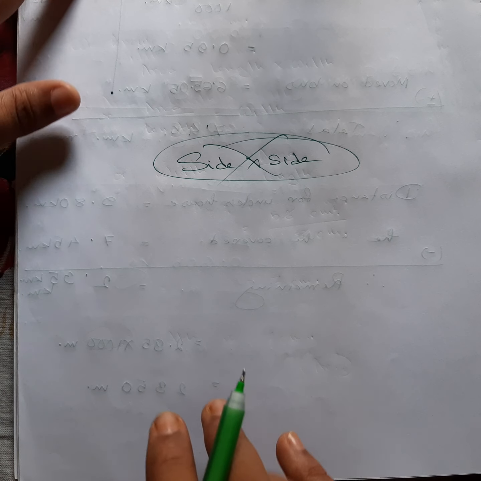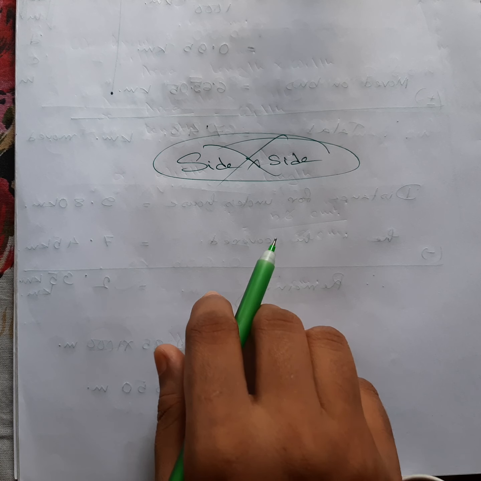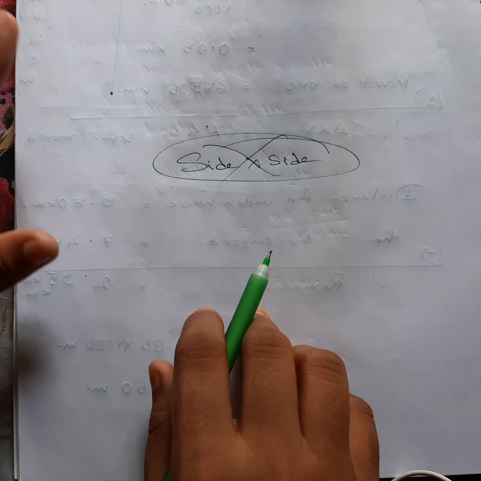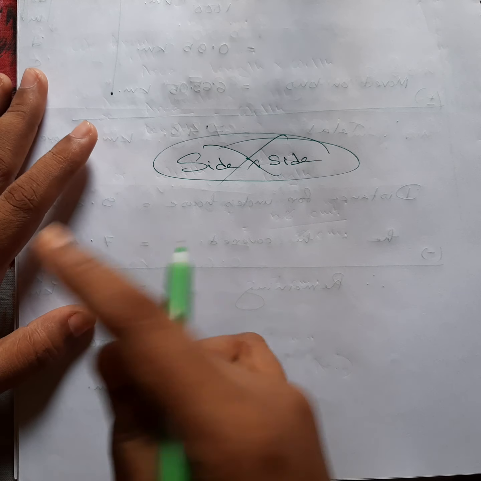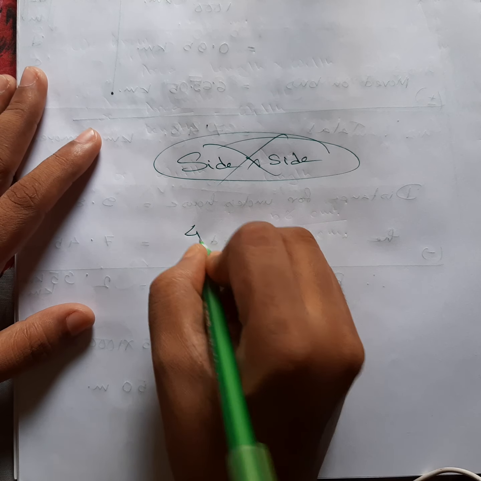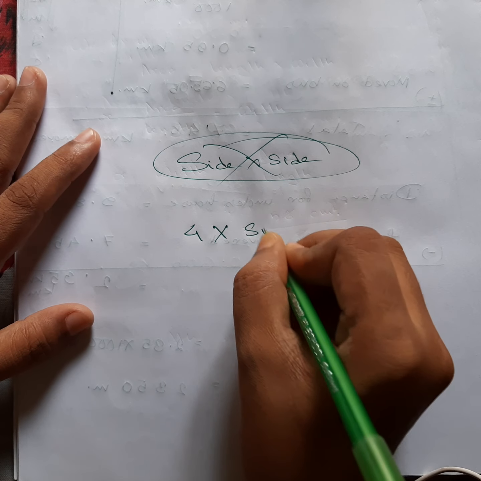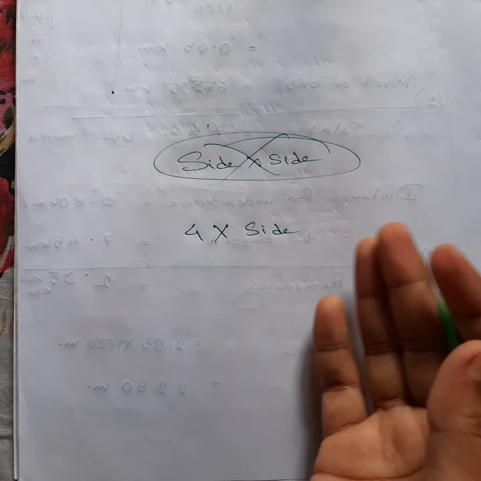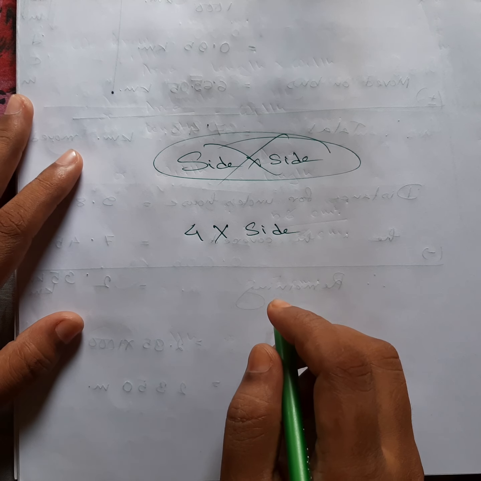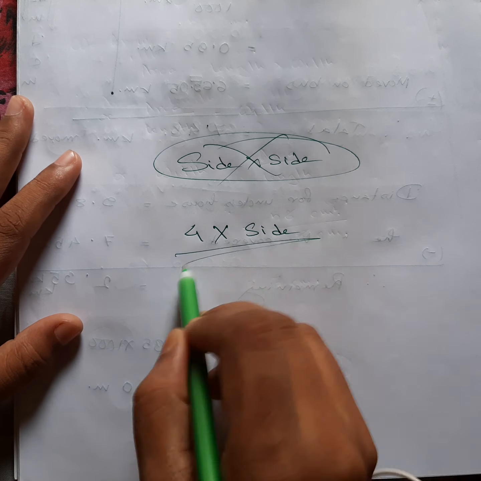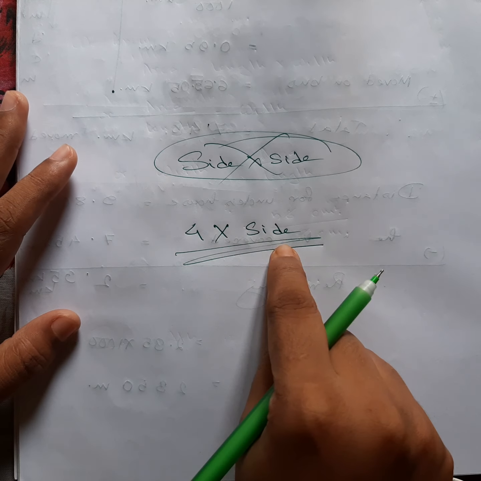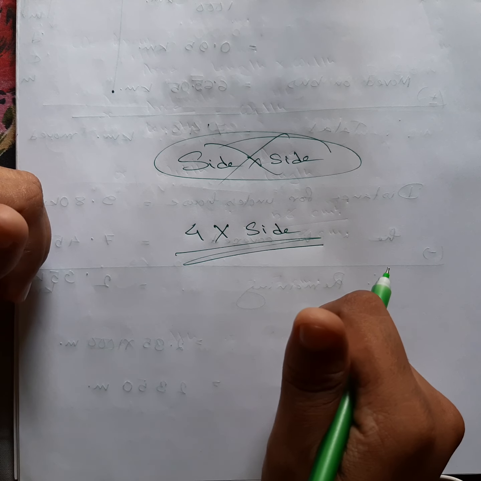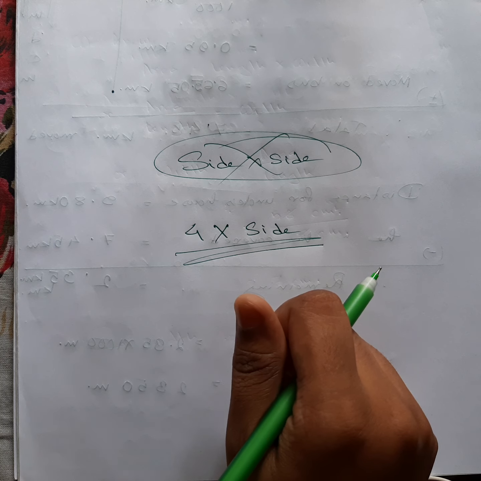I figured it out while watching the video. This is not the formula for perimeter, this is the formula for another thing. The formula for perimeter is 4 into side, so that the unit doesn't get changed. Now this is what you are supposed to carry on: 4 into side is the formula for the perimeter of a square.